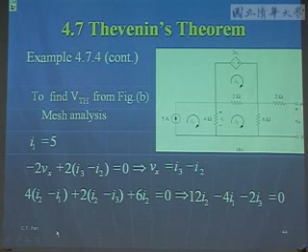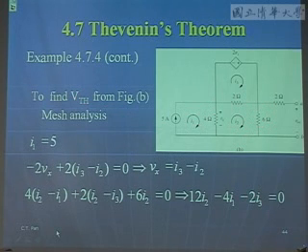Since the AB terminal here is open, there is no current through the 2 ohm resistor here. So 0 ampere times 2 ohm, 0 volts drop here. So VAB in fact is equal to the voltage across the 6 ohm resistor. Here we can simply use mesh analysis to find I2, and then I2 times 6 ohm is equal to VTH.